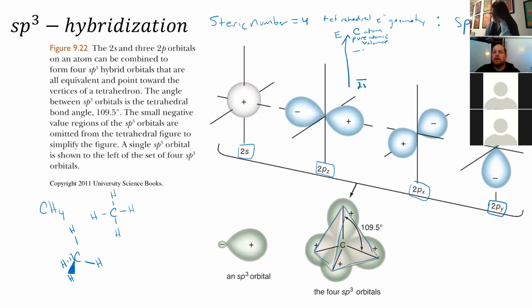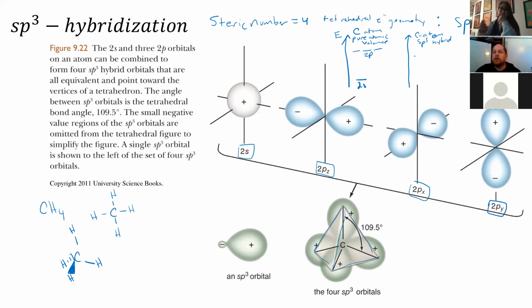You have 1, 2, 3, and those 2p orbitals are all the same height. When you invoke this idea of hybridization to explain the shapes, now you're going to have a carbon atom that's your central atom that is going to be sp3 hybrid.